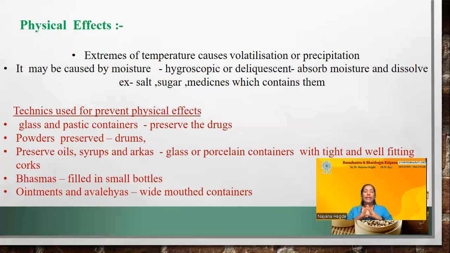Okay. So what are the techniques which we use for the prevention of the physical effects? One should take airtight containers. What are the different containers? Glass and plastic containers for the preservation of the drug. Here one should preserve the drug in airtight glass and plastic containers. Next, powders are preserved in airtight drums.